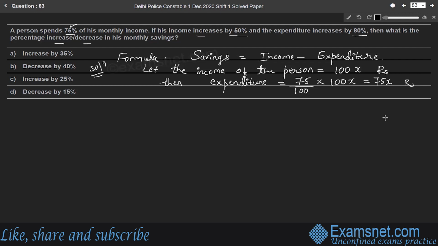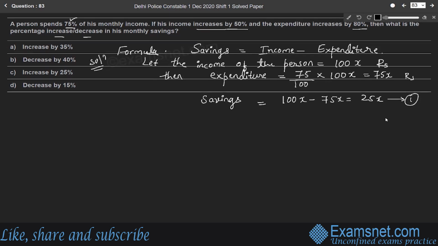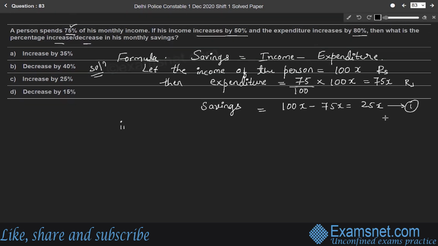And also the income increases by 50%. So before that, savings is equal to income minus expenditure, which is 100x minus 75x, which is 25x. Now his income increases by 50%.